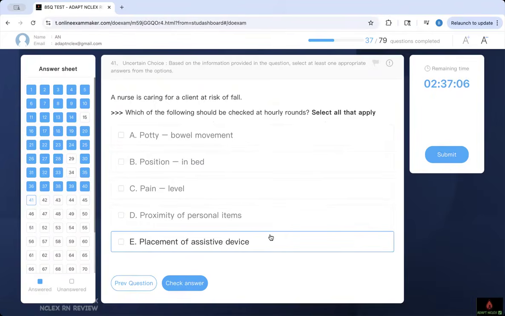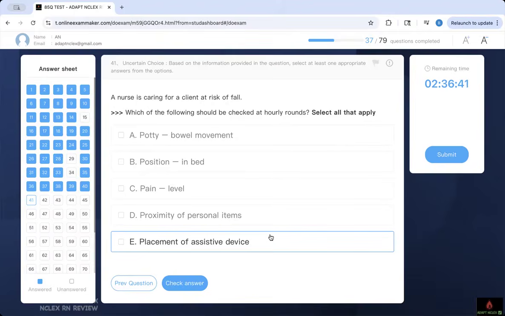Falls. Which of the following should be checked at hourly rounds? Select all that apply. When somebody is at risk of falls, do you check their bowel movement, whether they are in bed, whether they have pain, whether personal items are within their reach, and placement of assistive devices? What do you think? You see these questions from Adaptation NCLEX? Are they hard?